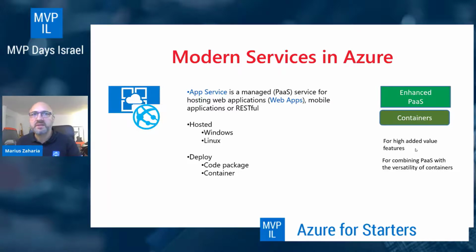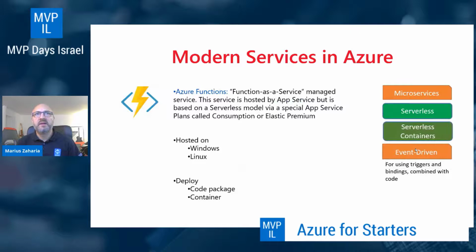And what's more interesting is that you can have a deployment model which can be a code package or a container. So you can deploy App Service as a container itself. This is a very interesting modern service today for me. Then Azure Functions, which is function as a service in a serverless way in Azure.